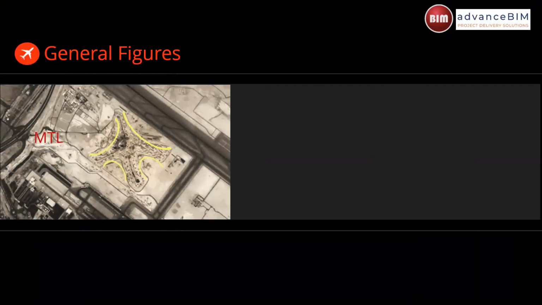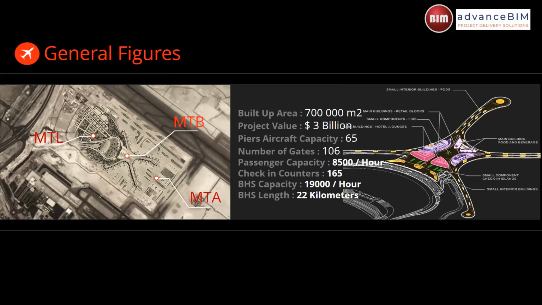The following figures give you an idea about the size and complexity of this facility. The built-up area is 700,000 square meters. The project value during tender was $3 billion US, but now it is about $5 billion US due to variations.